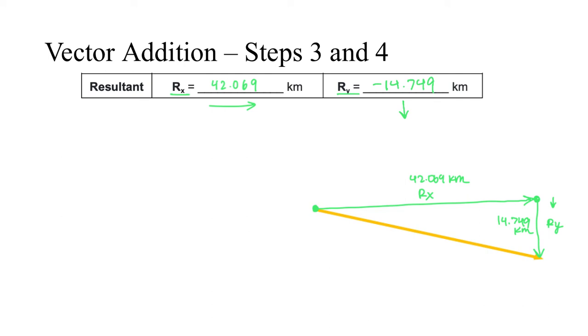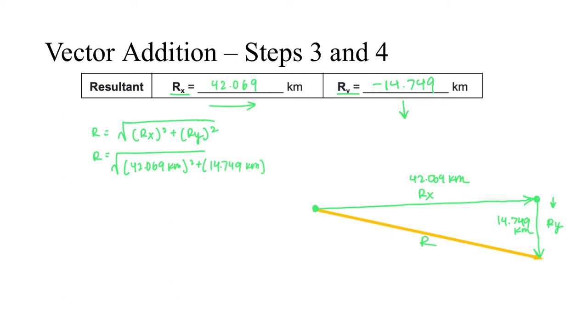Okay, so now I can use Pythagorean theorem to solve, right? If this is r, then I know that r is going to be the square root of r sub x squared plus r sub y squared, right? I get that from the Pythagorean theorem. That means that r is going to be equal to the square root of 42.069 kilometers squared plus 14.749 kilometers squared.